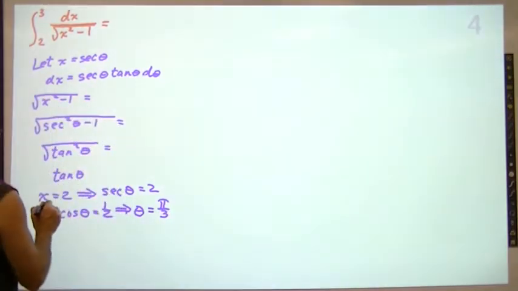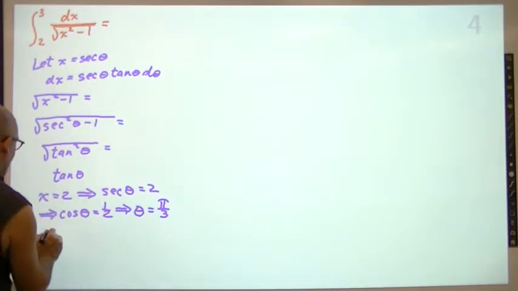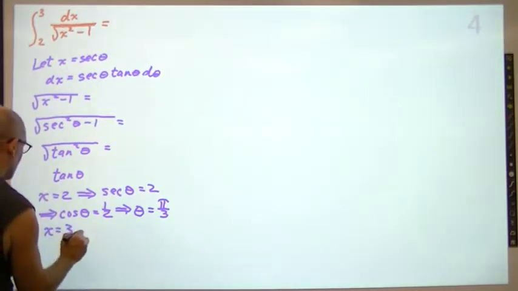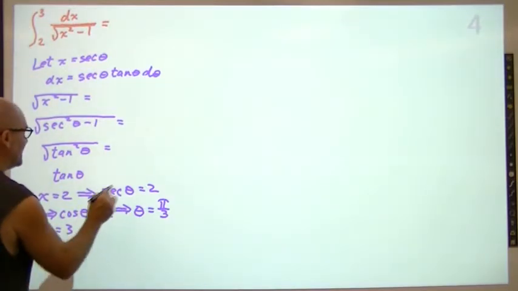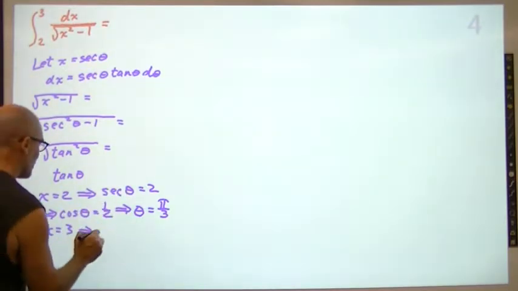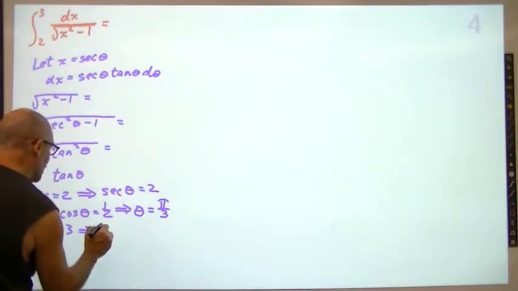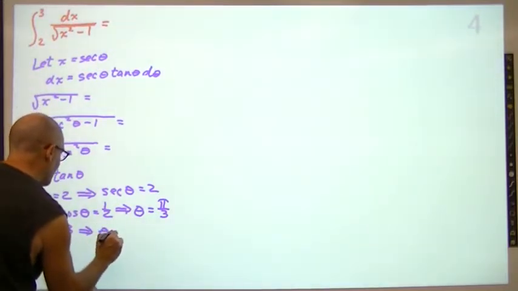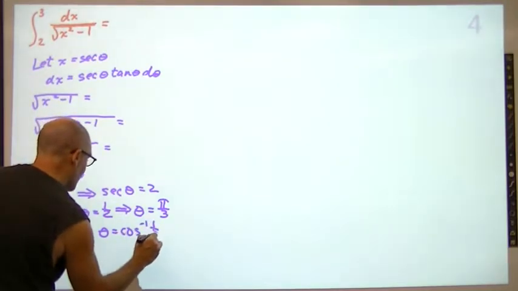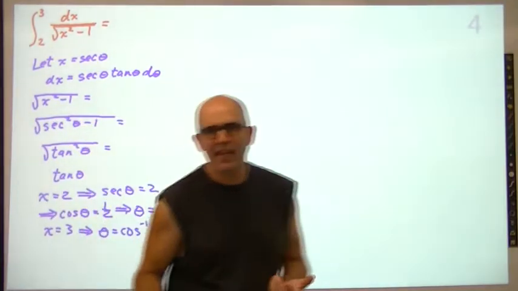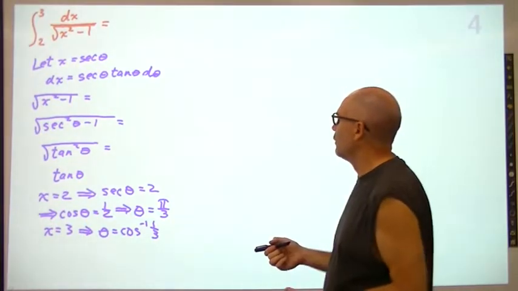Now, if x is 3, the top limit of integration, then secant theta is 3, so cosine theta is 1/3. And so theta becomes the inverse cosine of 1/3. And we'll just leave it like that because we don't have an exact angle for that.